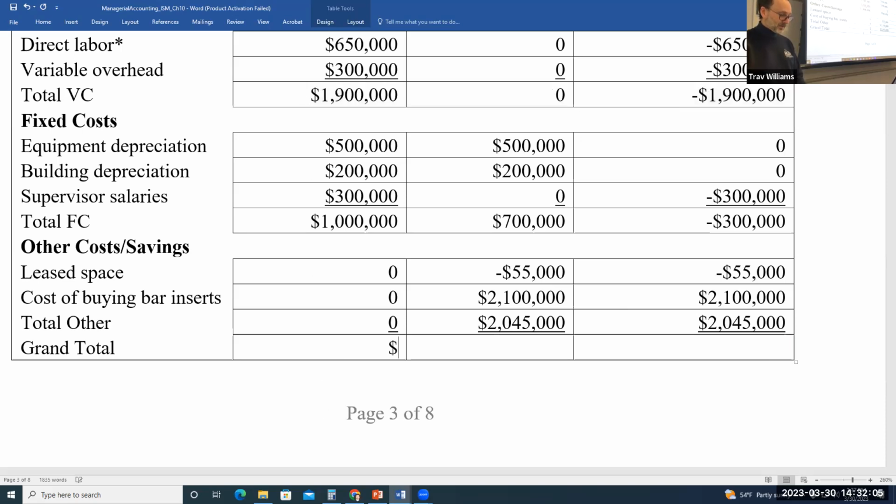So that gives us a grand total of $2,900,000 if we do it ourselves, $2,745,000 if we outsource. And that is a difference of $155,000.